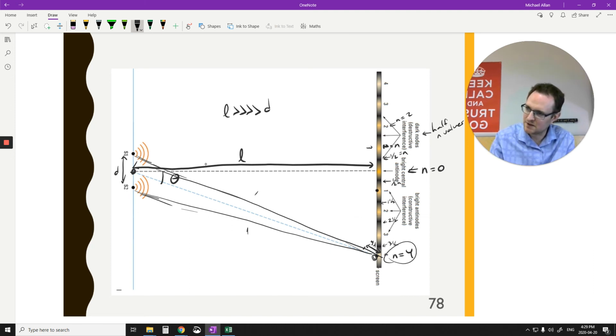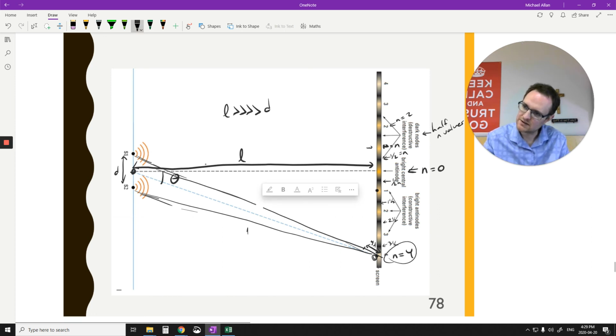I don't want to use D, so let's call this length LS1, and let's call this LS2.